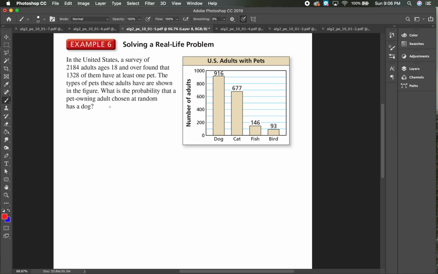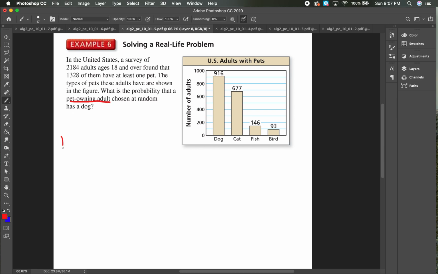What is the probability that a pet-owning adult chosen at random has a dog? Okay, so there's a couple parts to this. The first part is the fact that it says, what is the probability that a pet-owning adult?